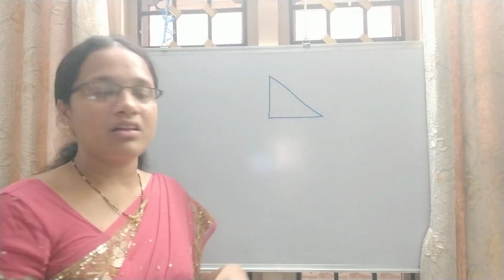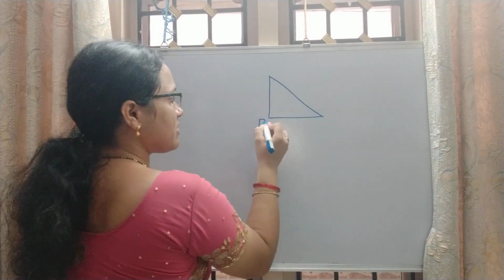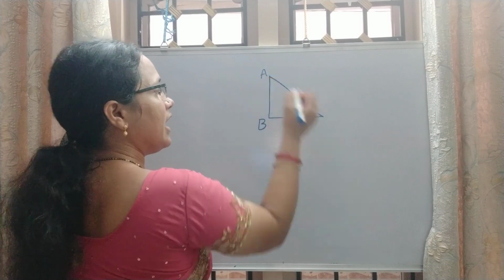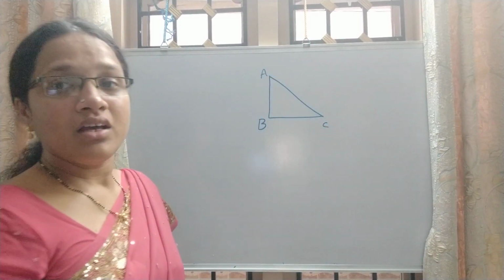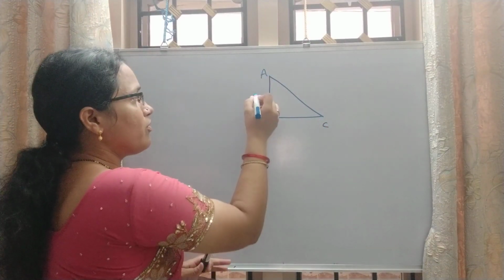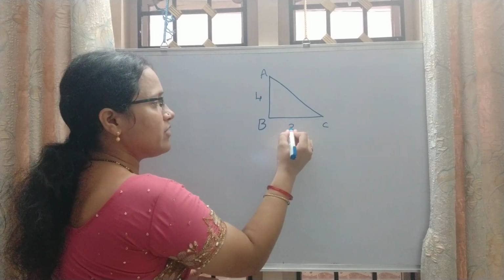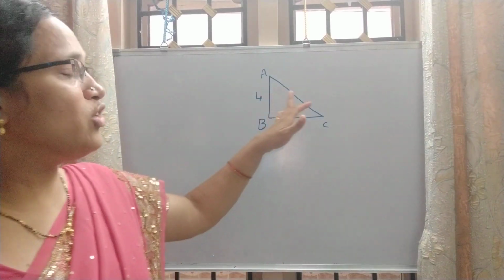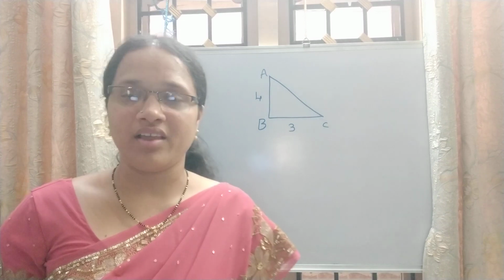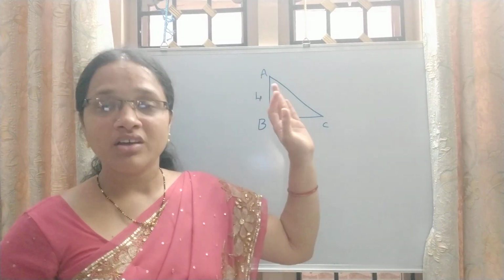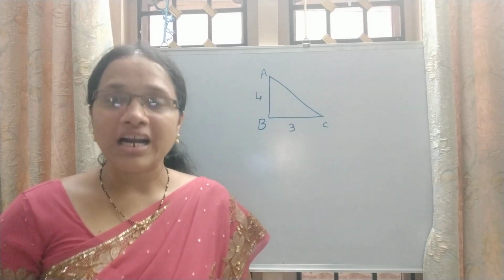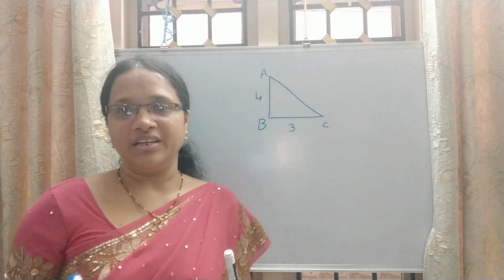in a right triangle, suppose the right angle is at B, with A and C, and you are given the values 4 and 3, and you need to find the value of the third side of the triangle. When you need to find the third side, how do you find it?